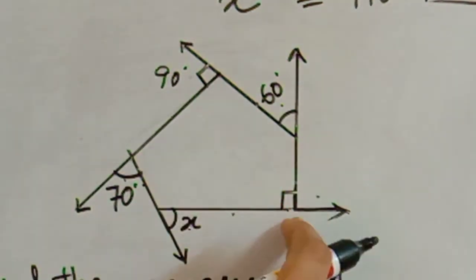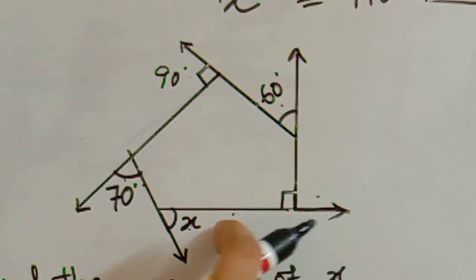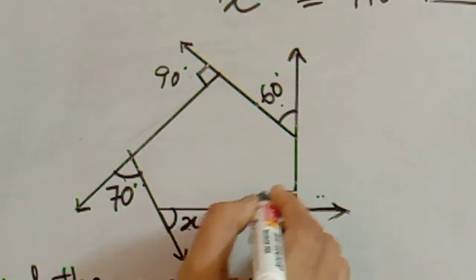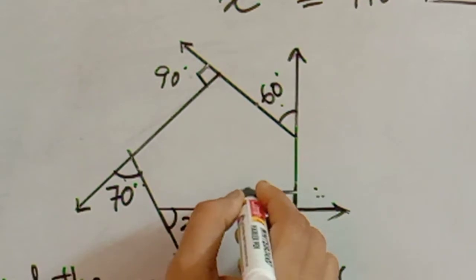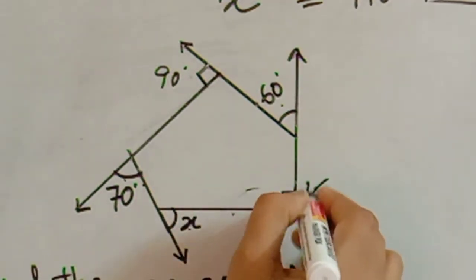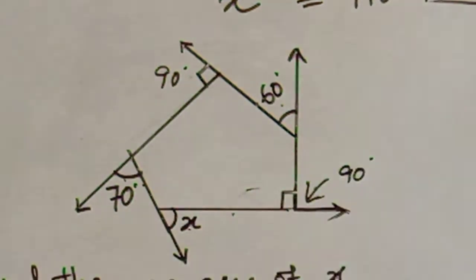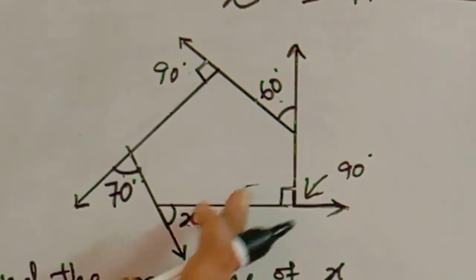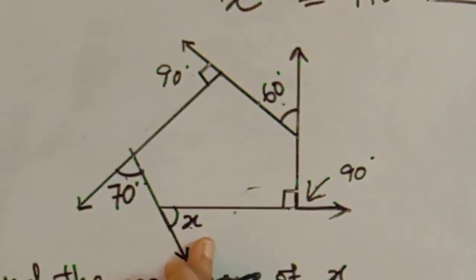You know that if one line is perpendicular to the other line, then two linear pairs are formed. If one angle is 90 degrees, then the other angle is also 90 degrees. We have already solved this kind of sum many times. So you can directly write 90 degrees. Now only this value is unknown.